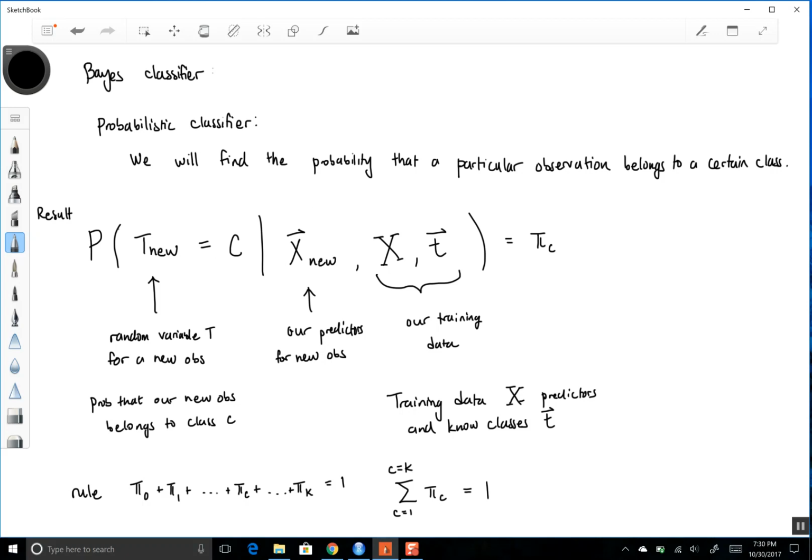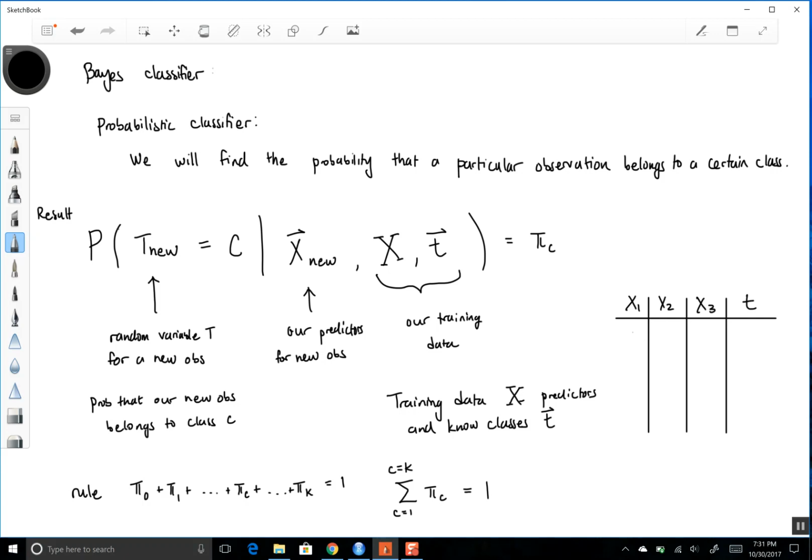All right. So is this structure okay? What's vector t? The vector t? This is the known classes. So you can imagine my data being something like this. Here I might have x1, x2, and x3.